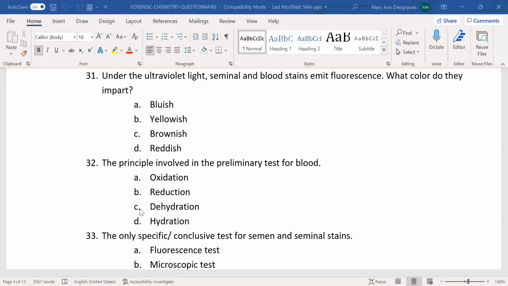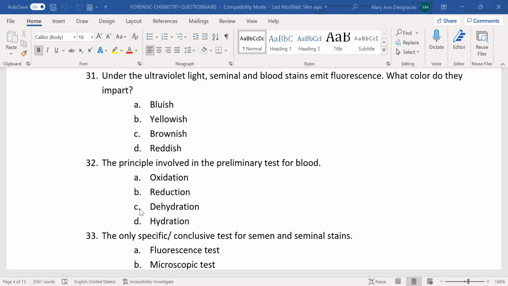That is why blue color, pink color appear, navy blue, pink, a beautiful blue color, and the malachite green test. So oxidation is the answer.